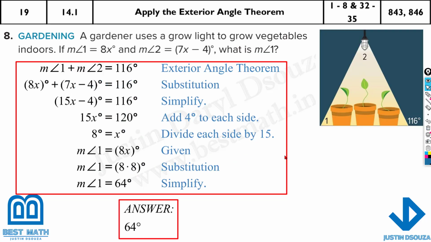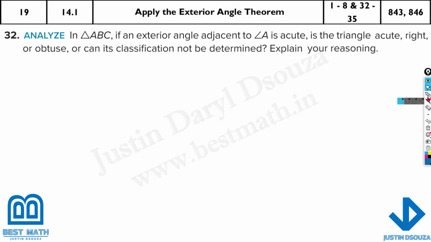I hope it's clear. Here we have problems to analyze. In triangle ABC, an exterior angle adjacent to A is acute. Okay, the exterior angle adjacent to A is acute. Let me just draw. Now this is acute, so that's a wrong diagram. Adjacent angle to A is acute, so it's something like this.